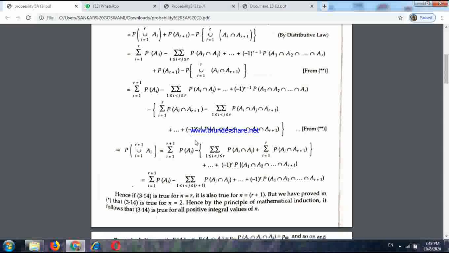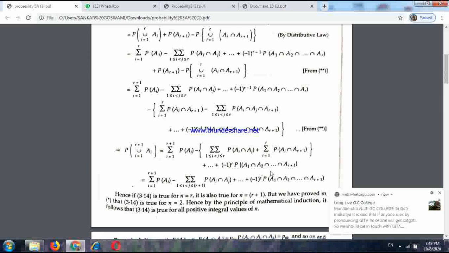So ultimately if we remove this bracket and take this outside, I get (-1)^r. I tell you again, here minus 1 is there and here the coefficient (-1)^(r-1), so ultimately I get (-1)^r. So that's proved. We see that the theorem holds for n equals r plus 1.